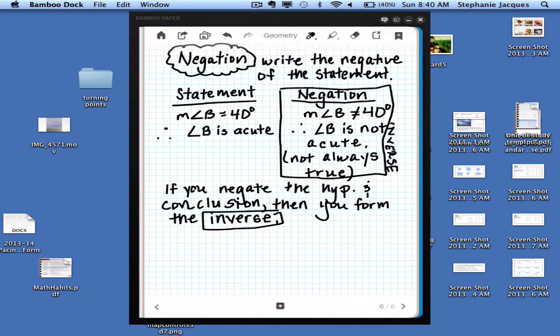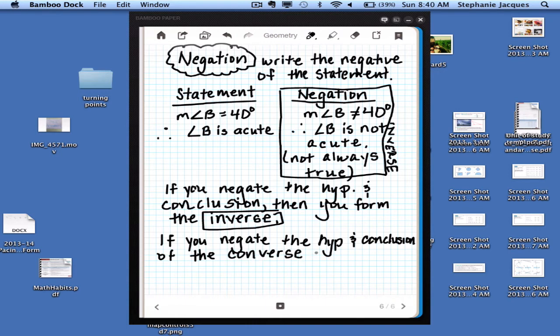If you negate the hypothesis and conclusion of the converse, so we talked about converse, that's where you're flipping it, then you form a contrapositive.